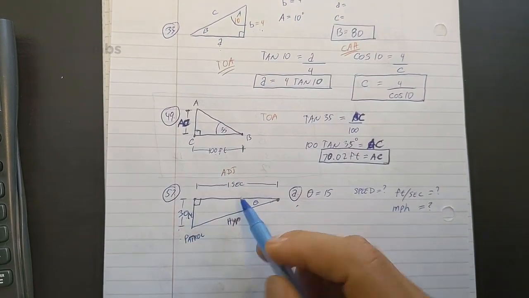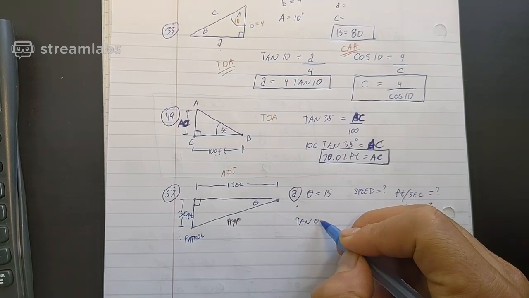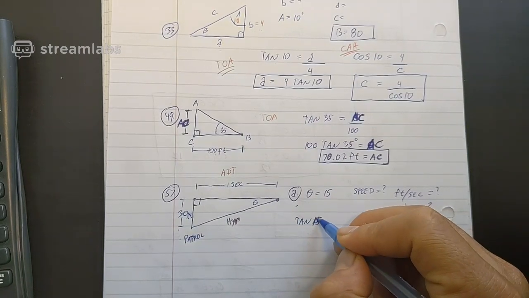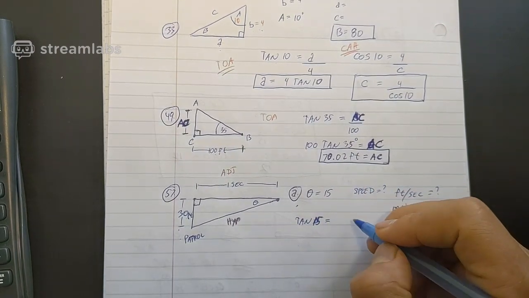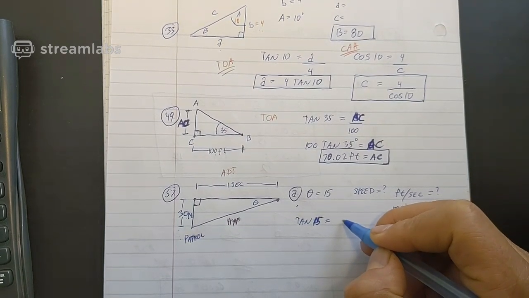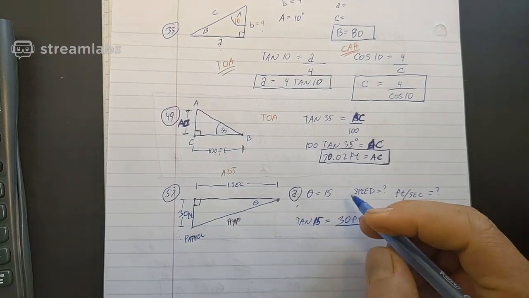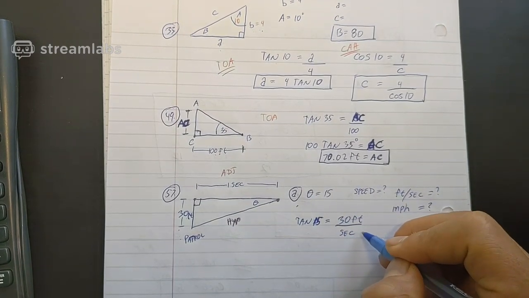Opposite over adjacent is tangent. So tangent theta, or 15, is equal to opposite over adjacent.